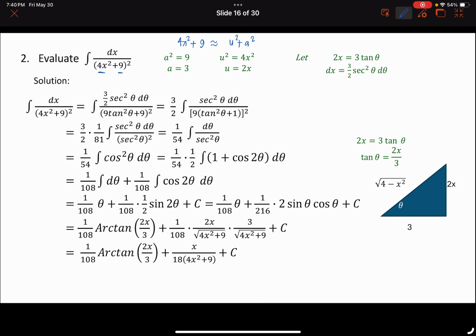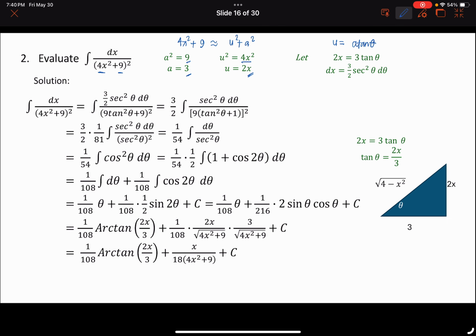Your u squared is 4x squared and your a squared is 9. So taking the square root, a is 3 and u is 2x. Since we have a squared plus u squared, it is suggested that we use u is equal to a tangent of theta.